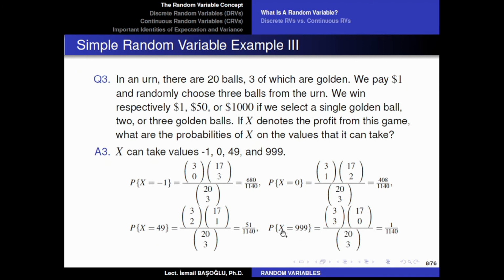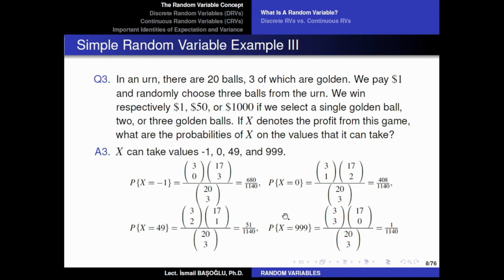And finally, you are going to win $999, or make this profit, if you choose all 3 golden balls and none of the ordinary balls, which happens with only one case, right? So there is only one case that makes this out of 1,140 possible cases. Only one of them will make you win $999.